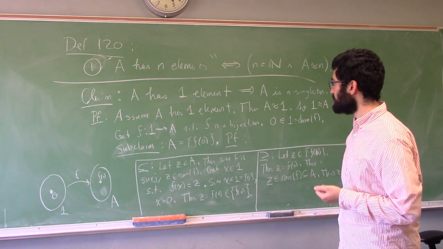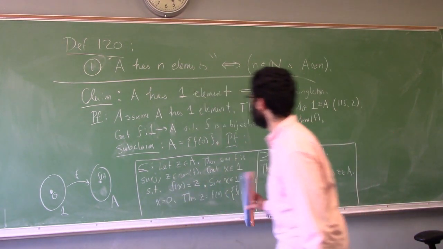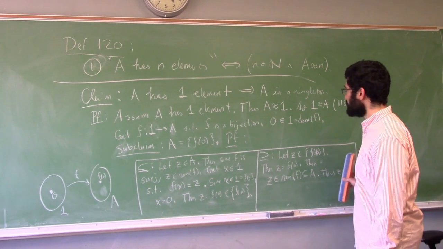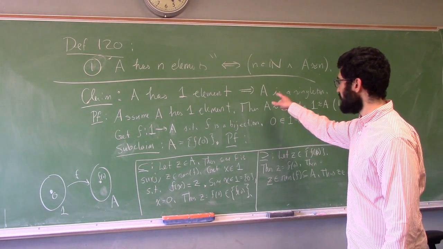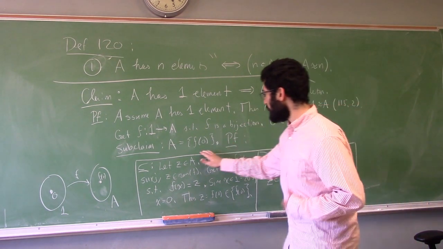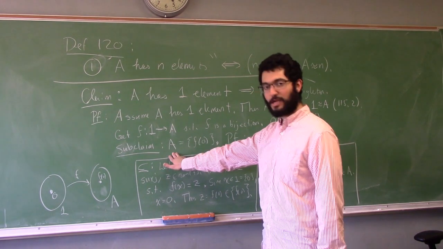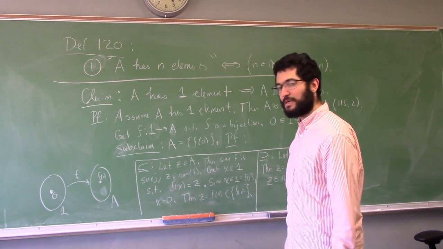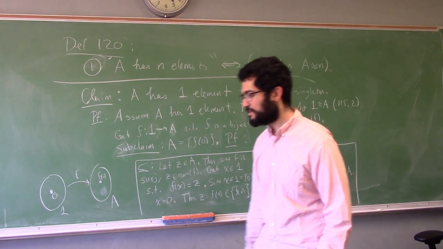That's good. What about the other implication? Let's just do that too. Before I erase this, one comment. Here I proved that A is a singleton by coming up with a potential singleton that could be A and then proving that that singleton does equal A. But there's a more natural way to prove that A is a singleton, which is just to prove that A has a unique element.